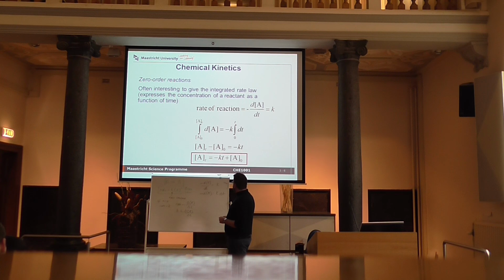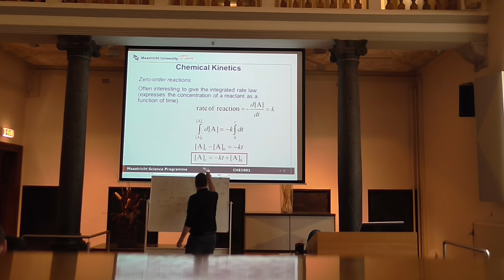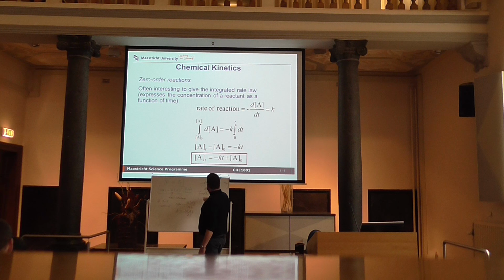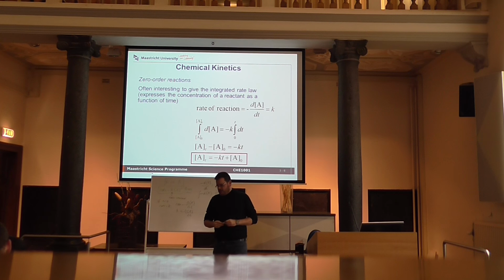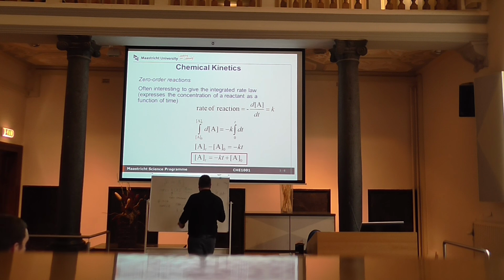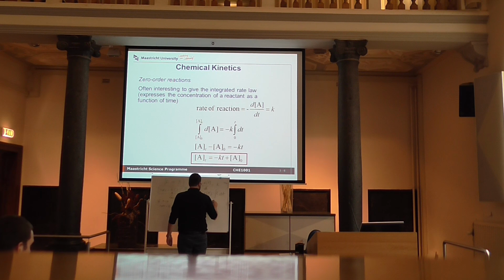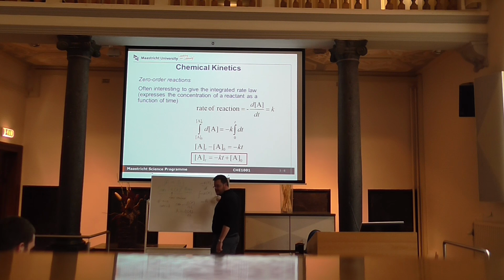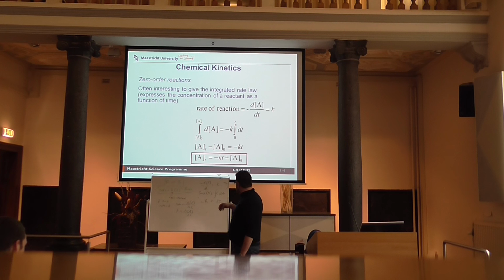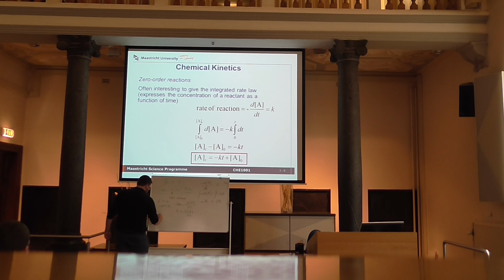And what I can basically now do, if I integrate both sides, which is what I've done there, what I get is, what is the integral of negative dA? It's just negative A. Negative A equals K, because that's a constant, times T. This is integration. The integral of minus 1 dx is what? It's just minus x. So the integral of minus 1 dA is just minus A. Alright? Calculus 101.